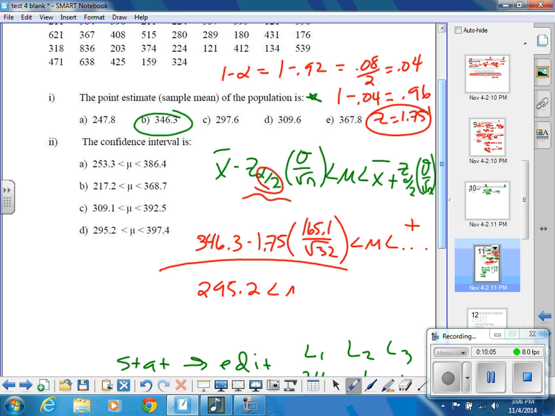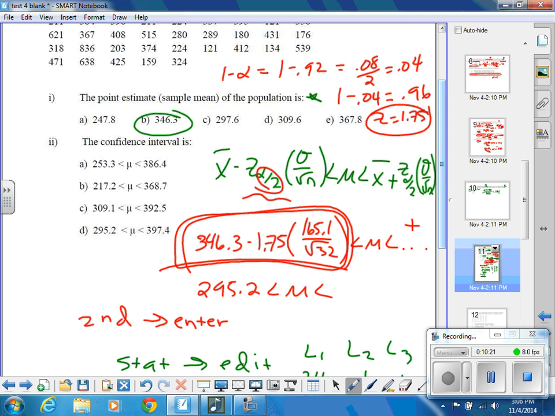Now, if you have a graphing calculator, when you get your answer, the 295.2, hit second, then enter, and you'll notice above in blue it says entry. It repeats this entire thing, and the only thing you need to do is change it to a plus sign.